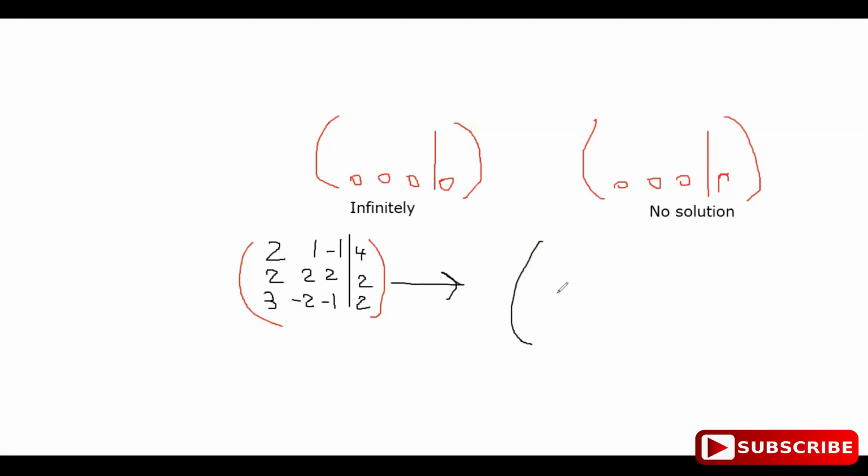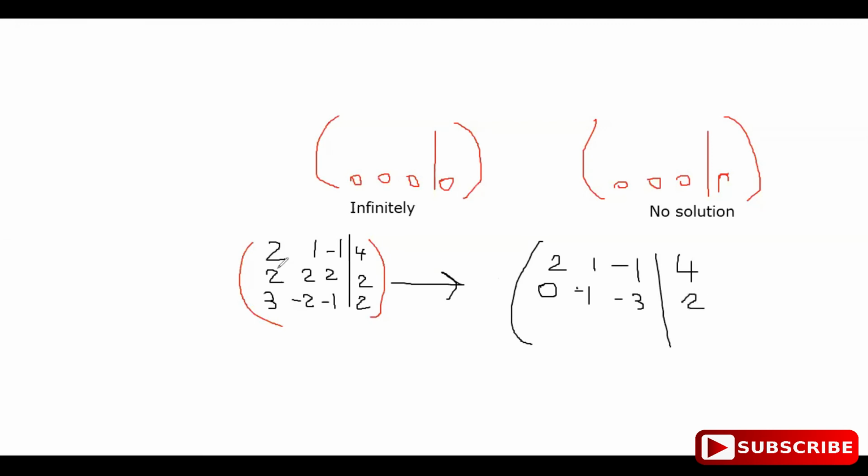Row 1 is 2, 1, minus 1, 4. So I get my 0, which I need. 1 minus 2 is negative 1. Negative 1 minus 2 is negative 3. 4 minus 2 is 2.